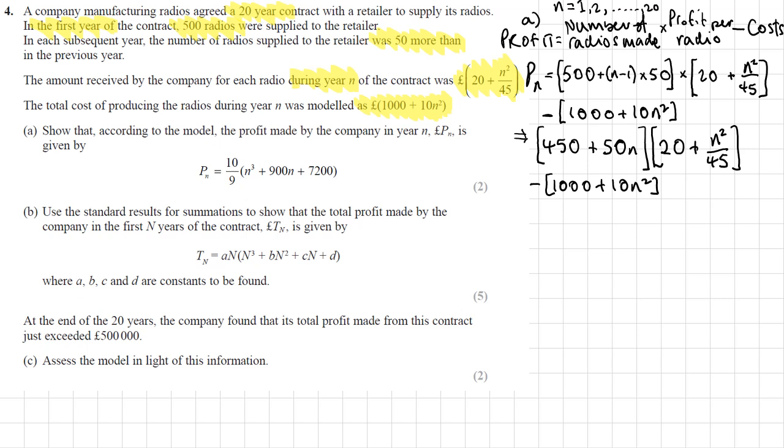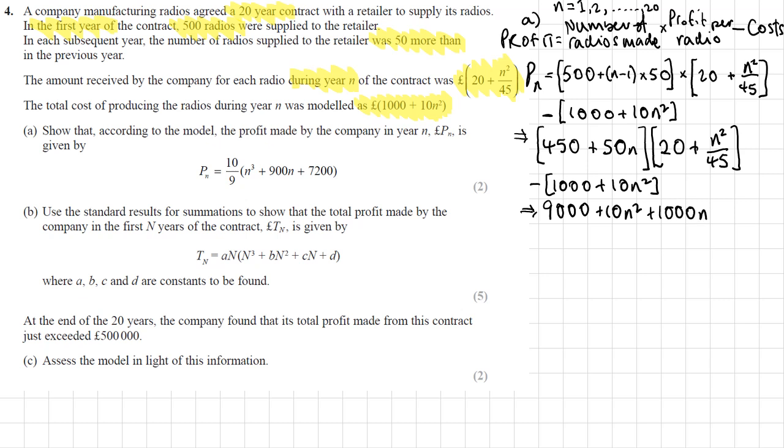So multiplying those first sets of brackets, 450 times 20 is going to be 9000. Then 450 times n squared over 45, that gives 10n squared. Then we have 50n times 20, that's 1000n.